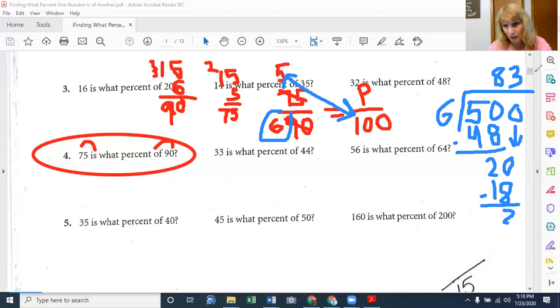So I'm just going to make it 83, and I'm going to put the 2 up here, the remainder, 2 over 6, and then I'm going to reduce 2 over 6. So what I'm going to end up writing for my answer is 83, and reducing 2 over 6, I get 1/3, and then the percent sign. So 75 is 83 and 1/3% of 90.